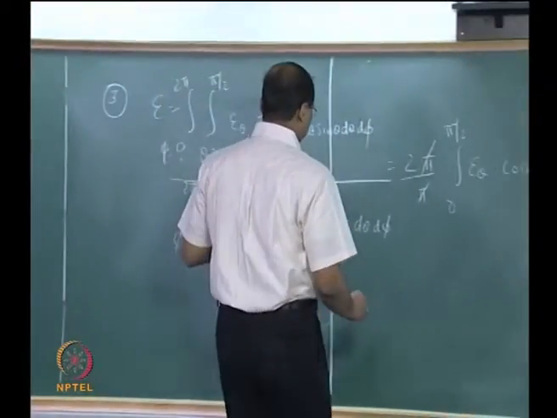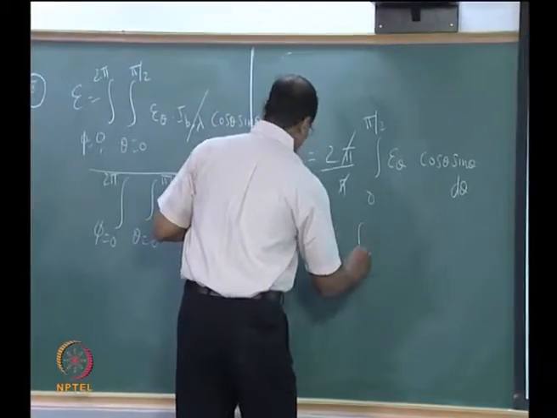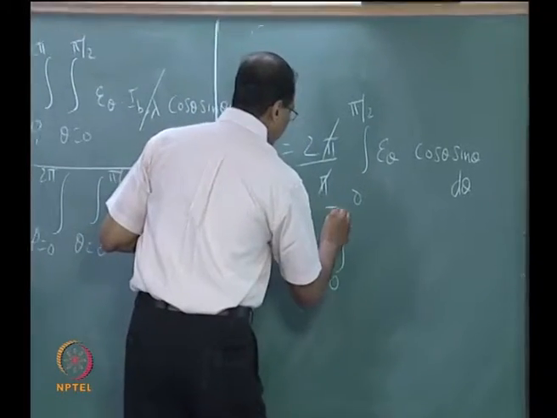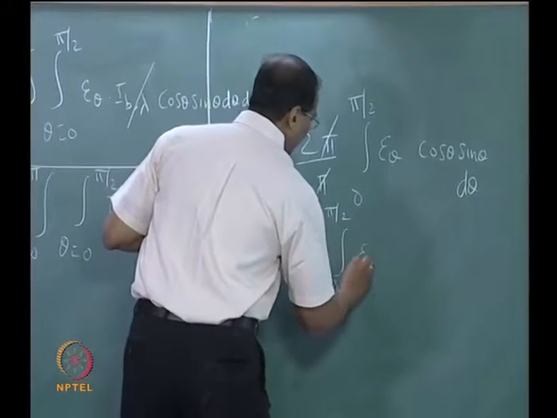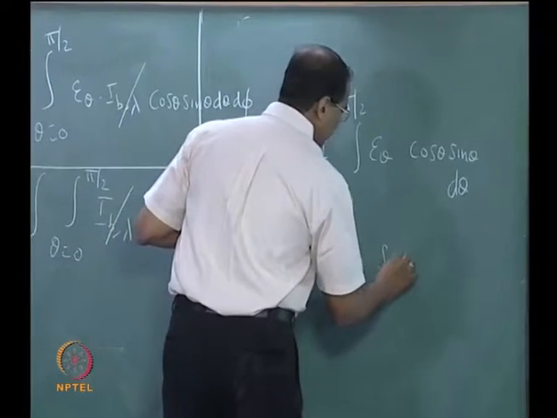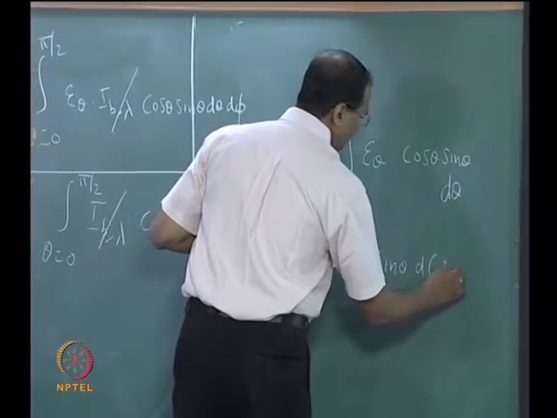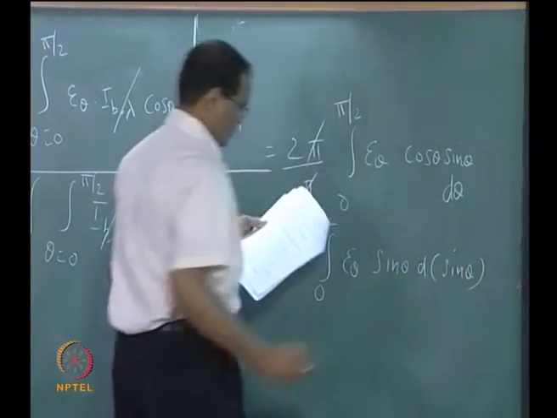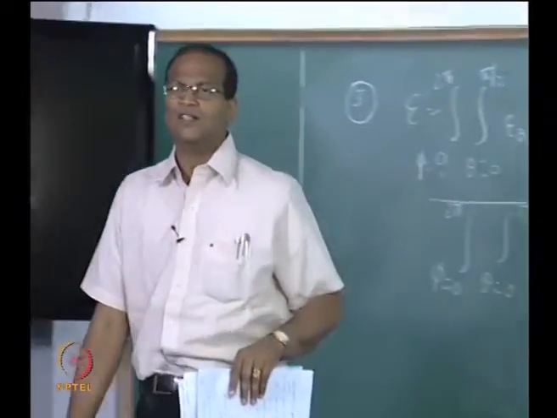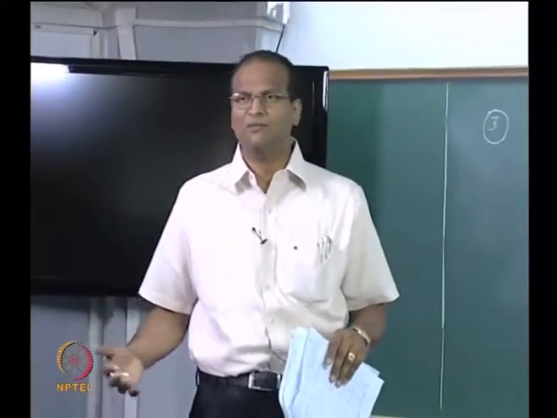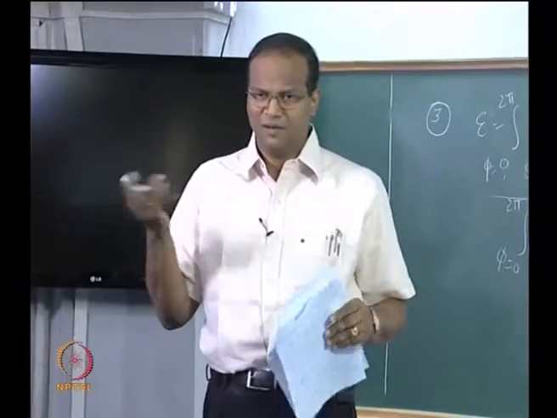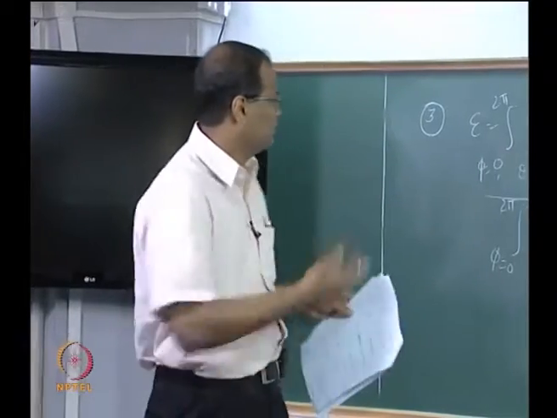Now it is pretty straightforward. So epsilon theta sin theta d of sin theta. There are several ways of doing it. Some people have done sin theta cos theta, sin 2 theta by 2, and then all that. So now you can substitute.